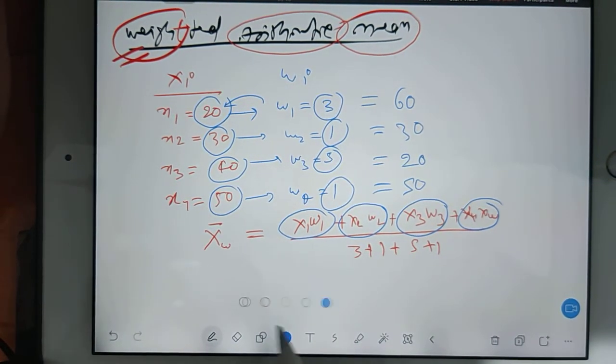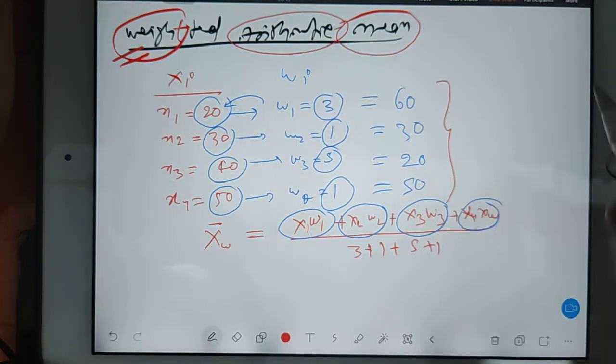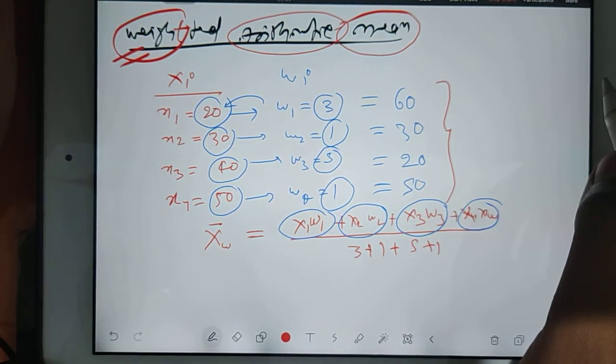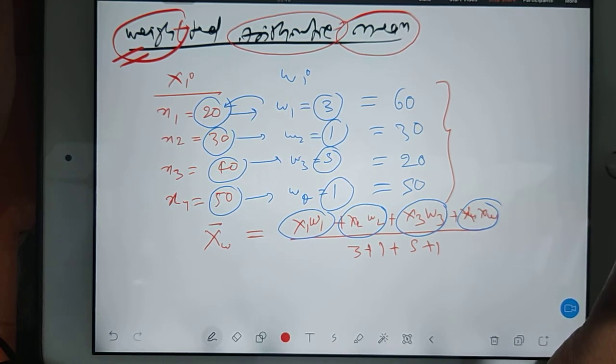Now let's add them and divide. How much is coming? Tell me. No, 16 should not come.